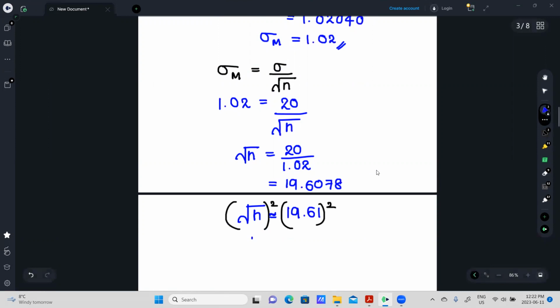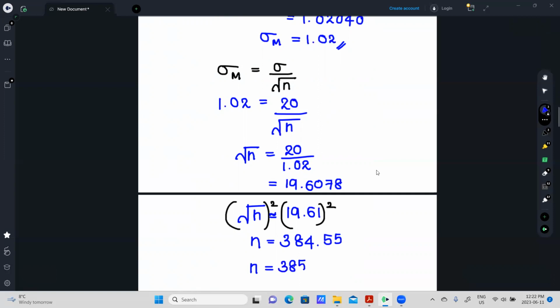Then my n is equal to 19.61 squared. That is equal to 384.5521. Since it's a sample size, we have to use the next whole value, which is 385.